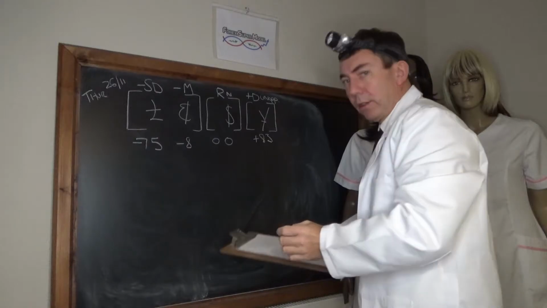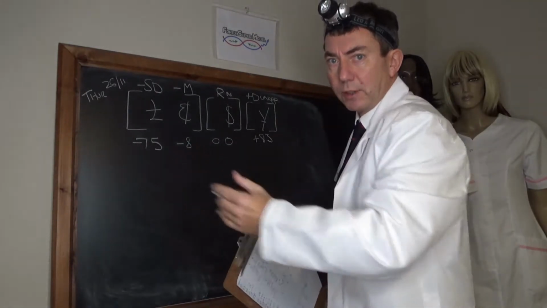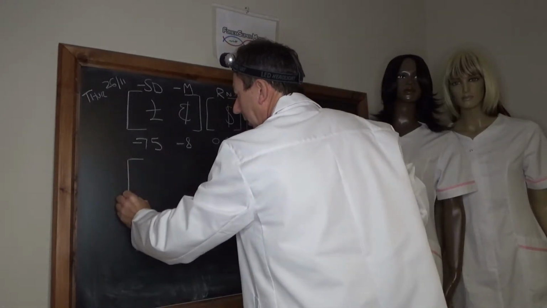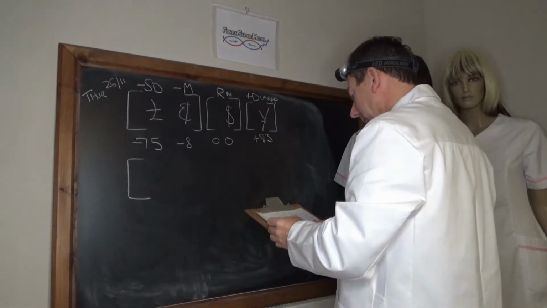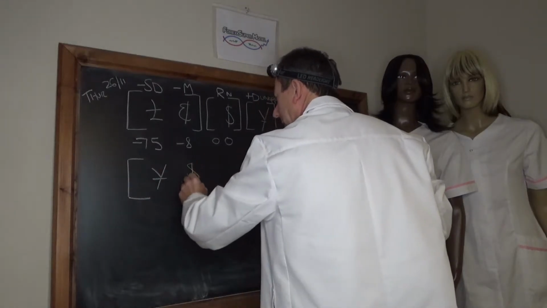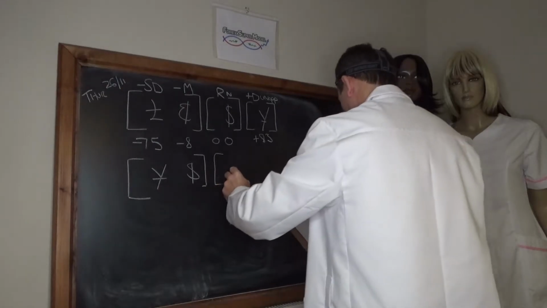Right, so let's look at the intra-week flows, these are the flows that have happened since Monday, beginning of the week. So these are at their peak now because we're on Friday. So we've got yen, dollar, let's have a look, euro, pound.